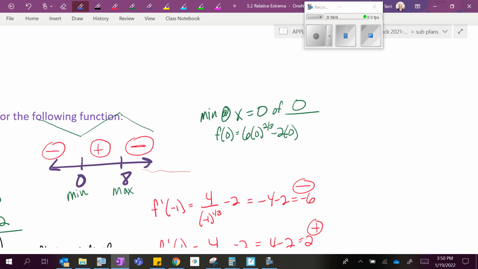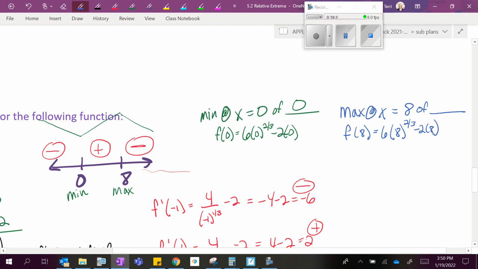I have a max at x equals 8 of, I'm going to find f of 8. So 6 times 8 to the 2/3 minus 2 times 8. You can plug in 8 to the 2/3 on your calculator, but it's actually 4.